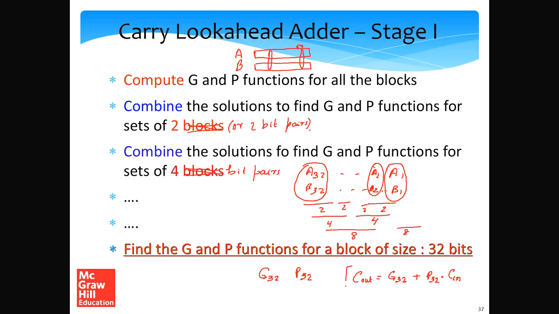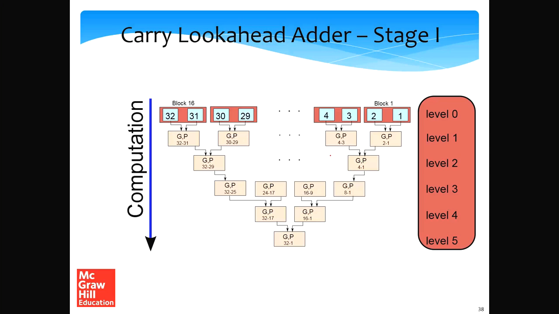So that is the simple equation that we have. So what do we get in stage 1? In stage 1 we create a hierarchy and we consider larger and larger block sizes and compute their GNP functions. This is shown in this diagram.